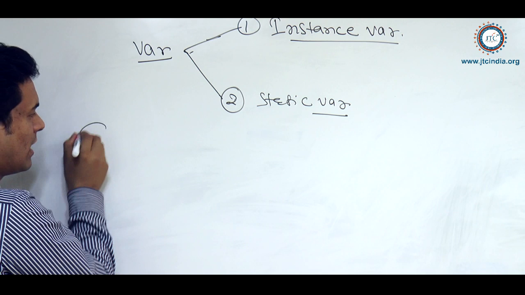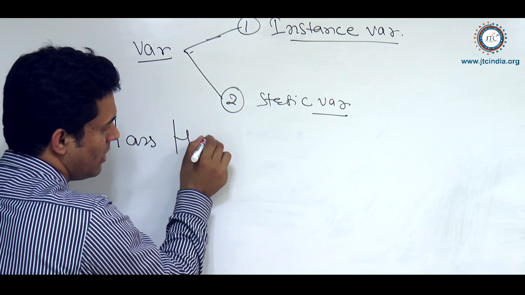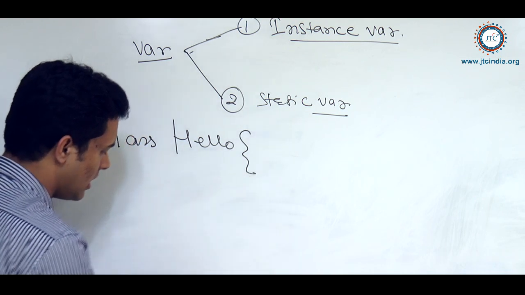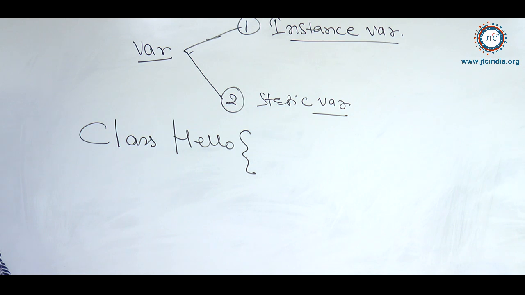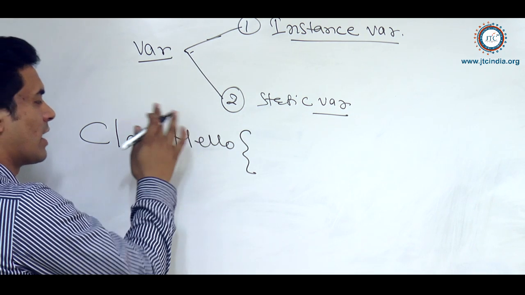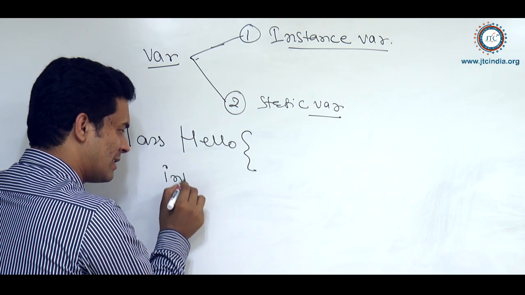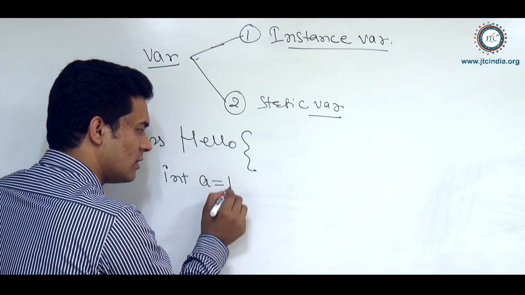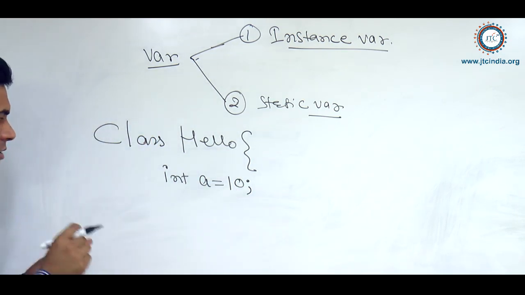Let's say I am writing a class, and the name of the class which I have written is Hello, fine. In this class Hello, we are writing a variable int a = 10.